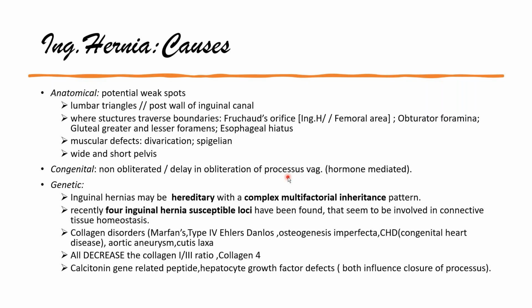Like, for example, Marfan syndrome, Ehlers-Danlos syndrome, osteogenesis imperfecta, congenital heart disease, aortic aneurysm. So these are instances of collagen disorders where there is weakness in the fibrous tissue. Similarly, because there is a generalized weakness in fibrous tissue, the patient may also be having an inguinal hernia. They all are concerned with the decrease in the collagen 1:3 ratio or in collagen 4.